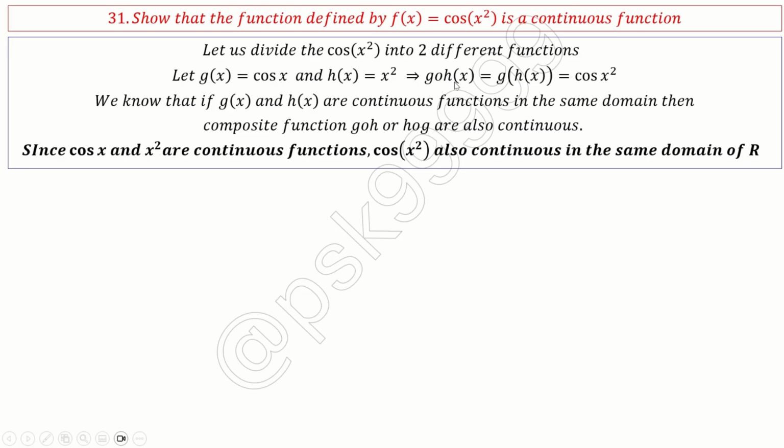So g of h of x is nothing but g of x square, which is cos x square. Now we know that g is a continuous function, a simple trigonometric function. H of x is x square, which is a polynomial, which is continuous. So g of h of x is also continuous. So we can tell this is a continuous function. Domain is same as g and h, which is R.